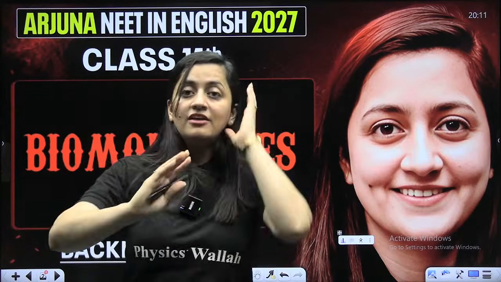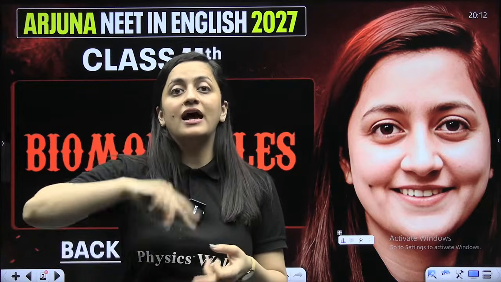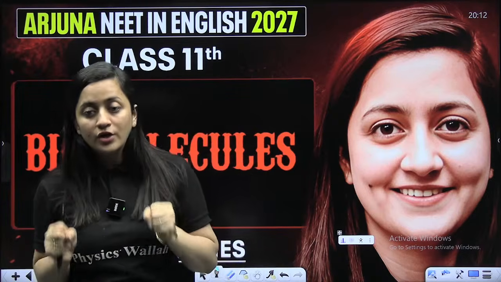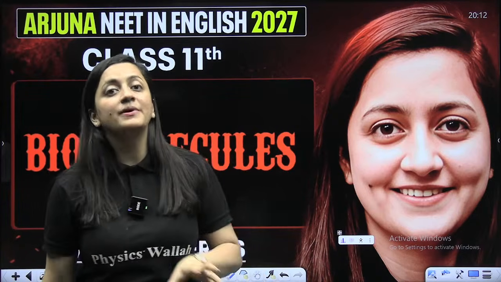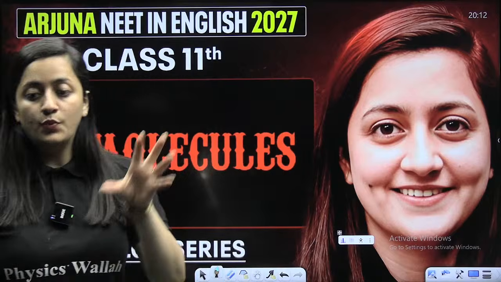Today in the batch, I was showing my students that in class 12th biomolecules chemistry, you understand monosaccharide, oligosaccharide, polysaccharide. You need to learn that. It's better to have good command over this chapter because it is very, very important.